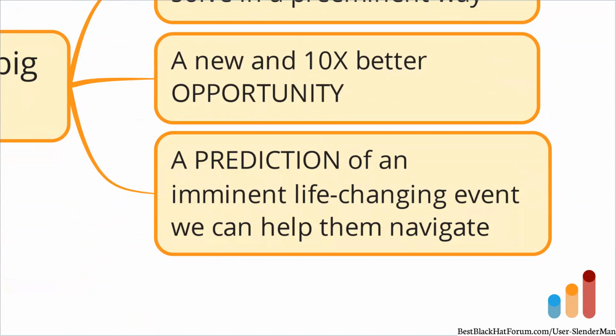So if you take nothing else from this program, you will become a more effective, better copywriter by focusing on these three things. Finding a way that you can present an urgent problem, finding a way that you can present a 10x better opportunity, finding a way that you can make an imminent prediction of a life-changing event.